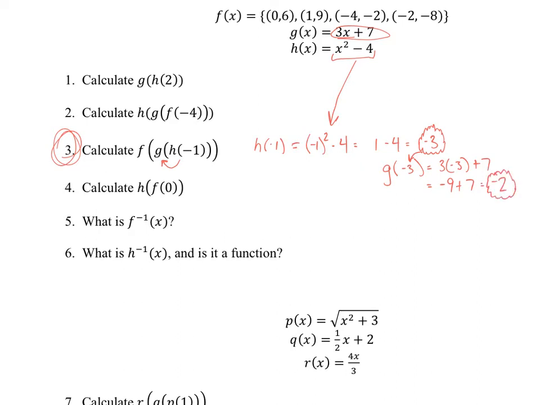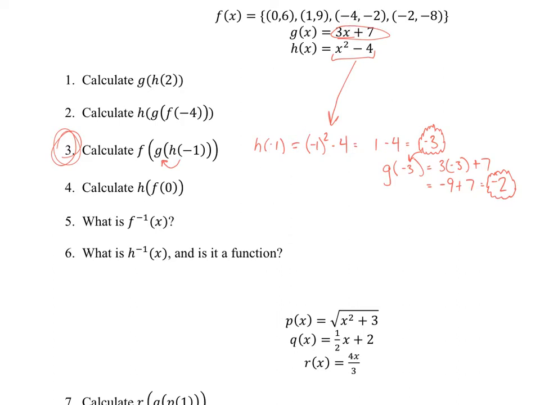But f of x is just a function that has only points in it. So we're really hoping that -2 ends up being one of the inputs in our function f of x. And we're lucky because f of x has 4 points. One is the point 0, 6, which is to say that if 0 is input into this function, 6 is its output. If 1 is an input, 9 is an output. If -4 is an input, -2 is an output.